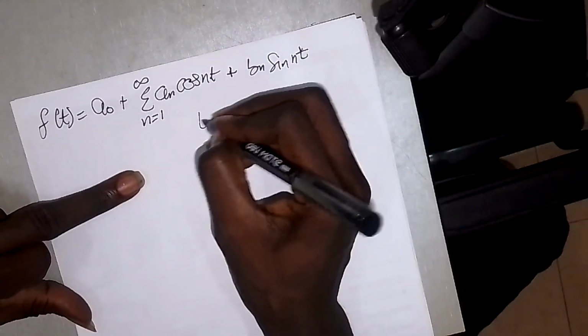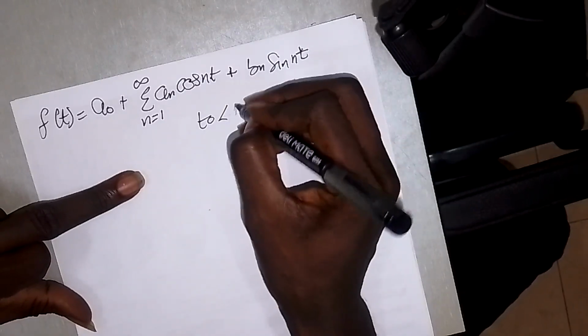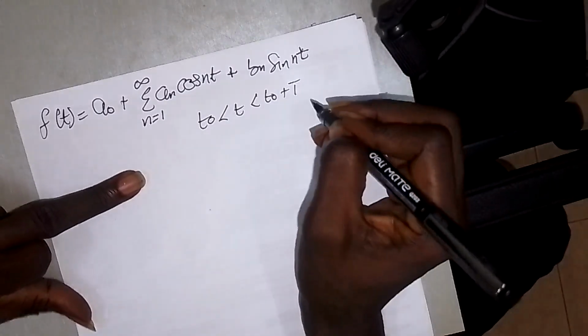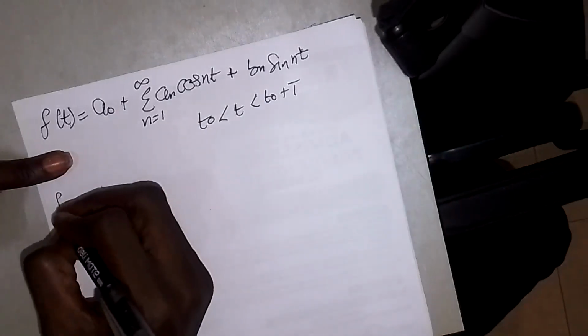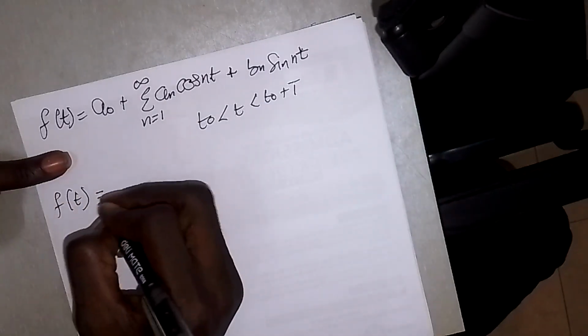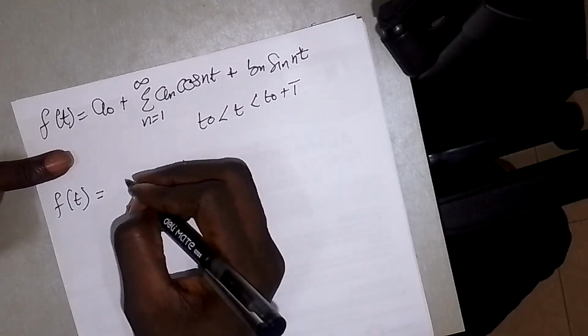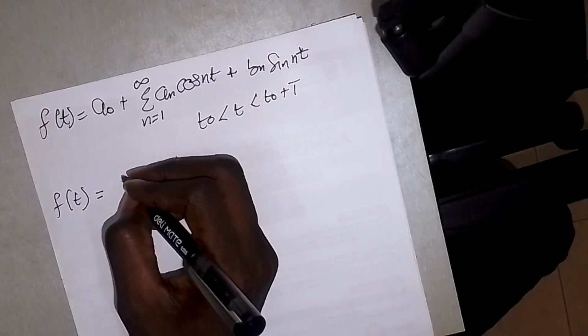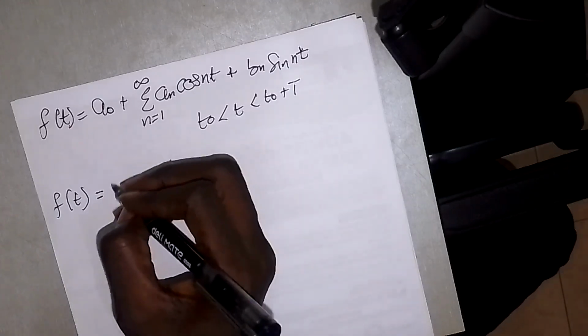This is for the interval t naught to t naught plus T. So in our case, we got f of t equal to a naught. What was our a naught that we got in this solution?